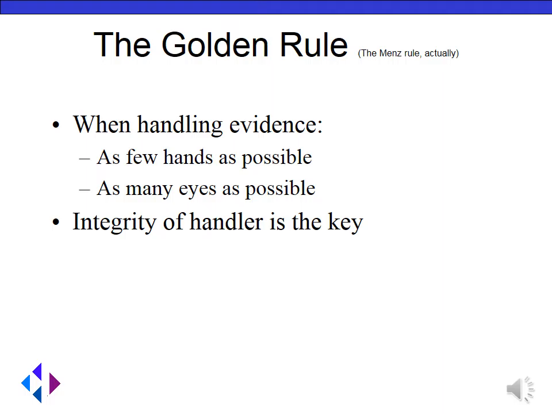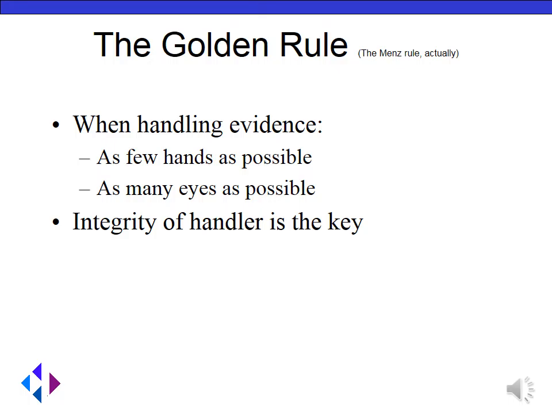As many eyes as possible. How many people saw that evidence but never touched it? That's another one that's very good, because you have people testify that it was collected properly, it was booked properly into a safe, etc. In fact, one of the easiest things for digital evidence that's not so true for physical evidence is that we're making copies.